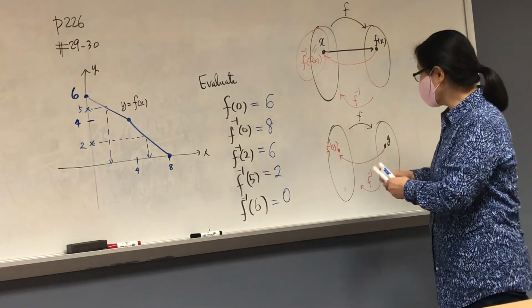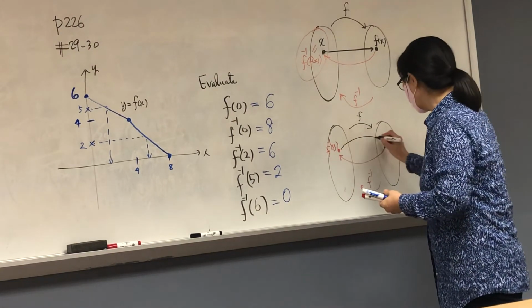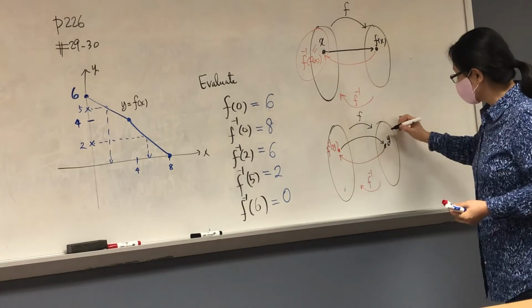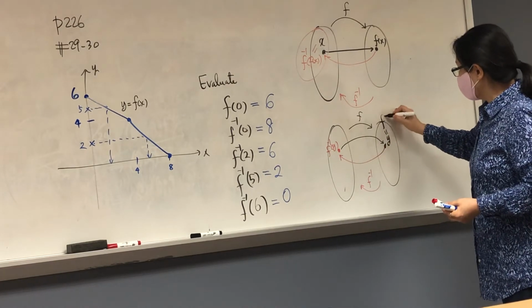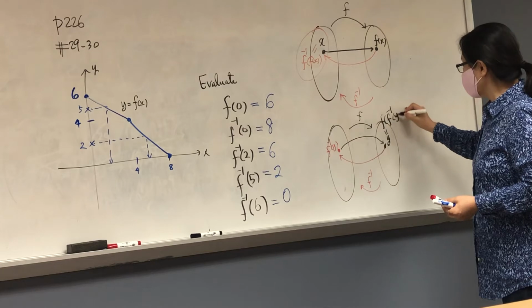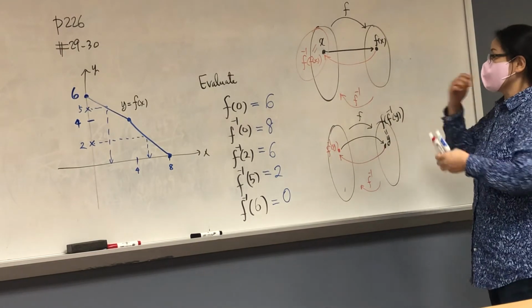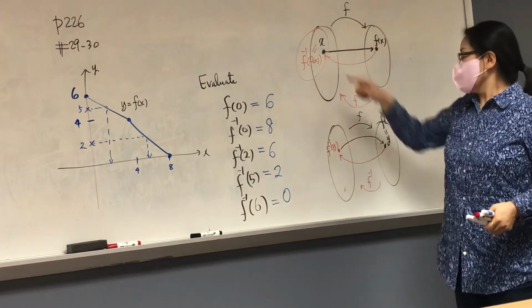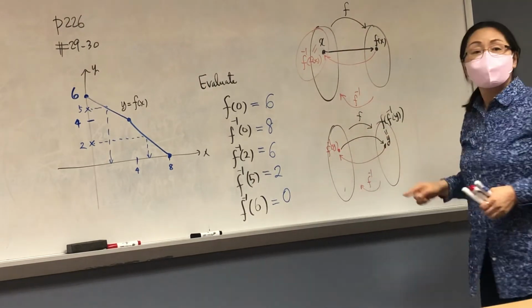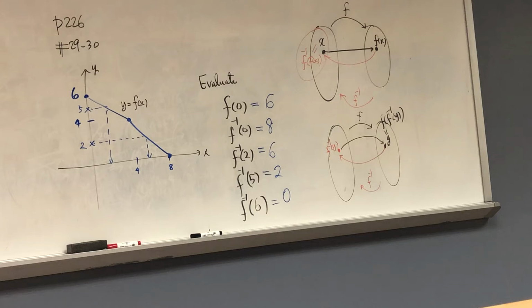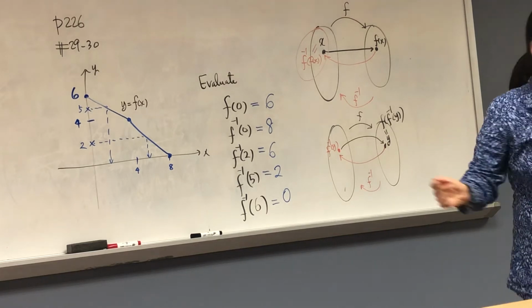And then I move by f, go back here, and that's f of f inverse of y. Here, what happened? Here to here or here to here, everything is a closed loop.